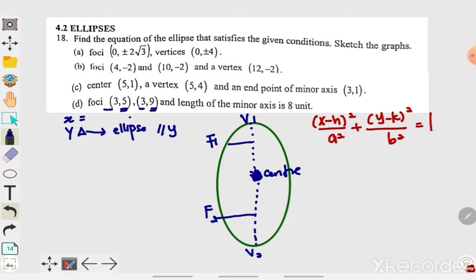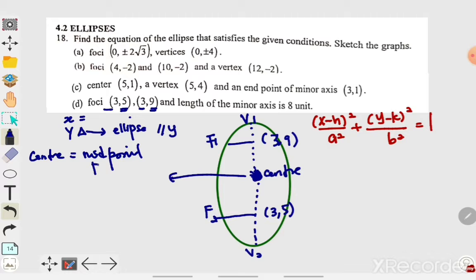We are given that the foci are (3, 5) and (3, 9). From these two foci you can find the center. The center must be the midpoint between focus 1 and focus 2.